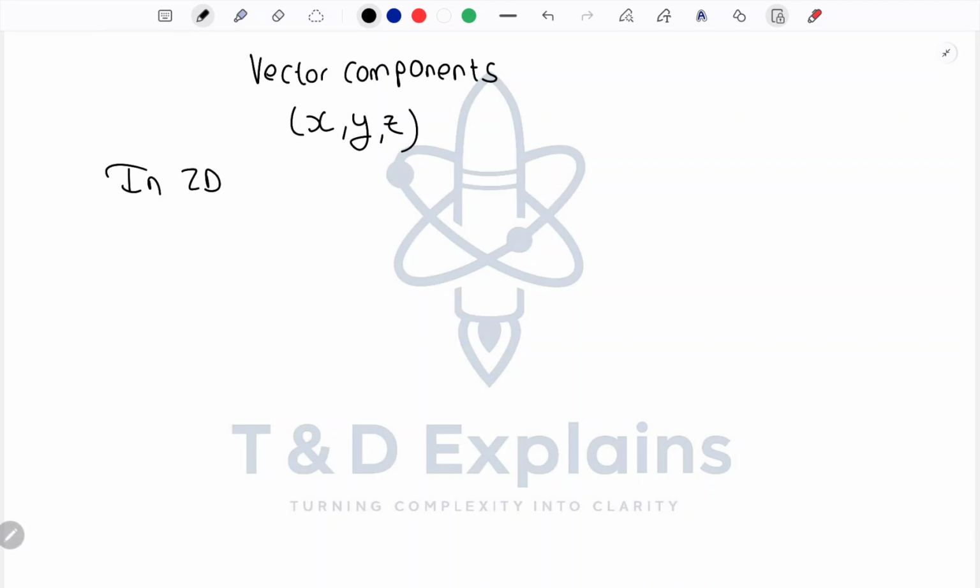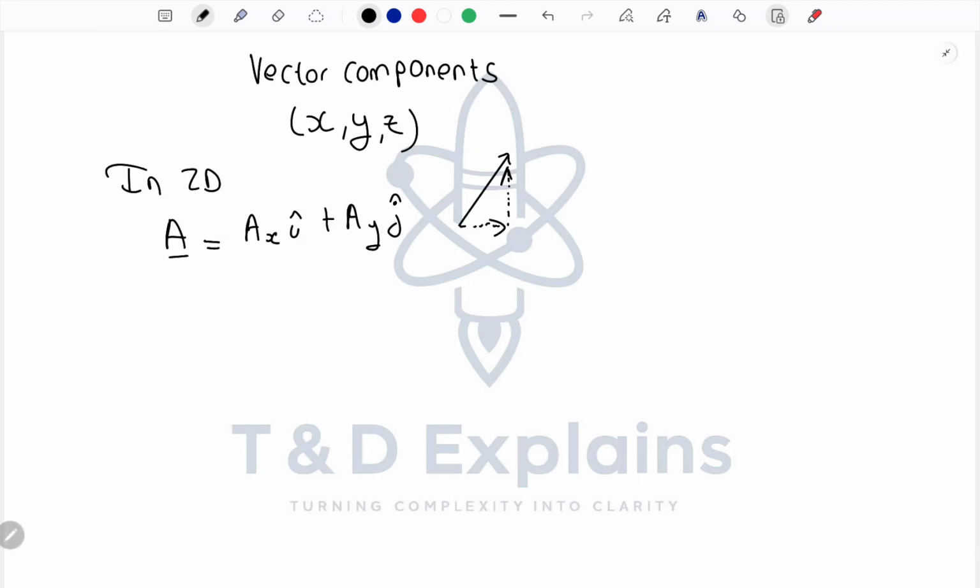So in 2D, A is written as AX i plus AY j. Let's say this vector looks like this. That means we move a certain distance in the x direction and a certain distance in the y direction.